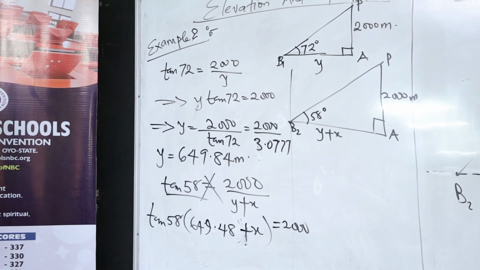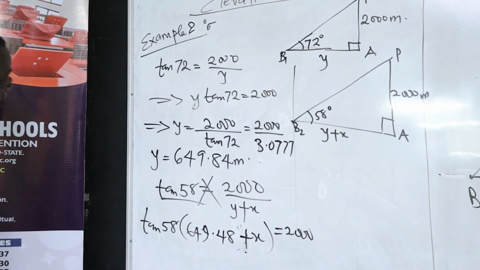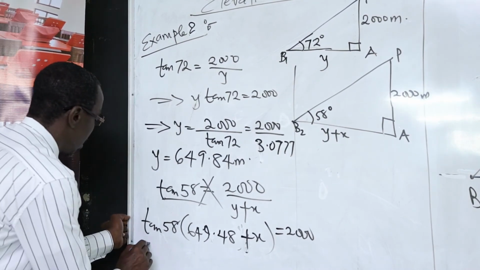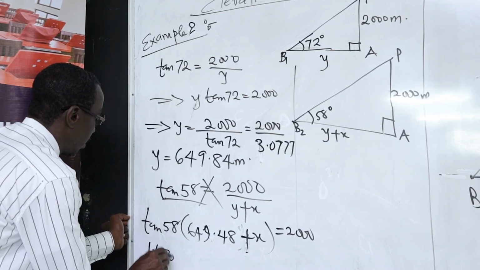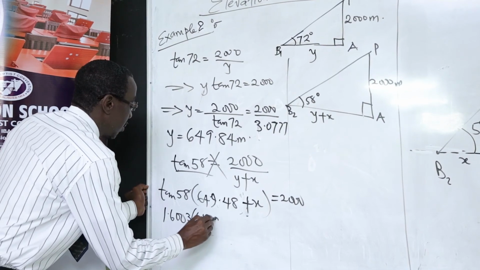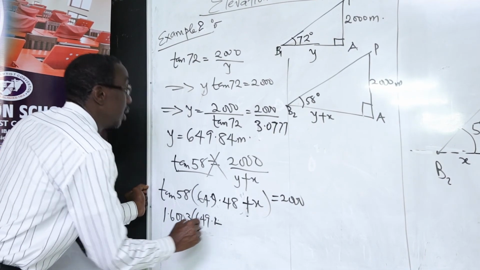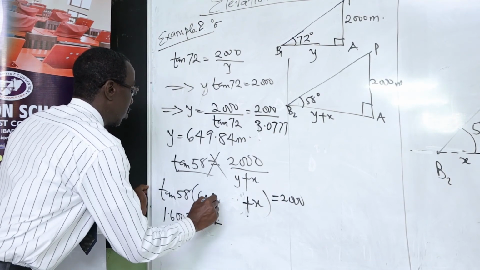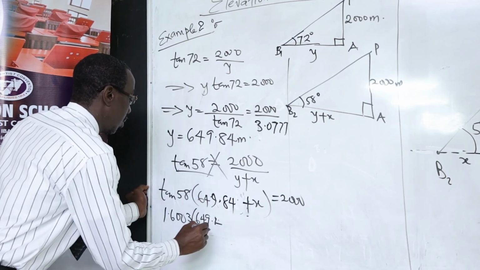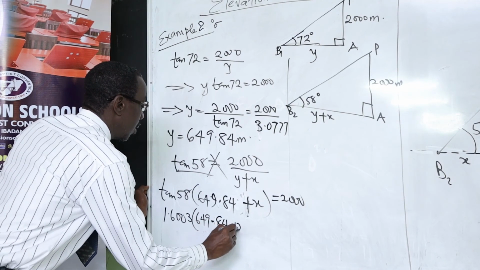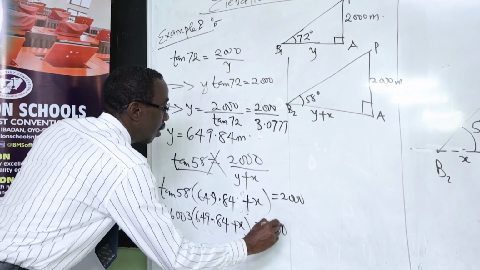Can we open that bracket? What is tan 58? 1.6003.